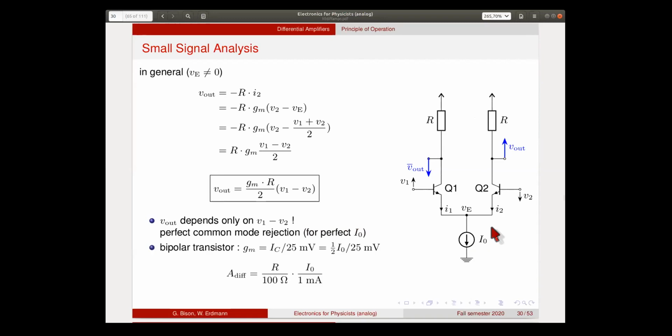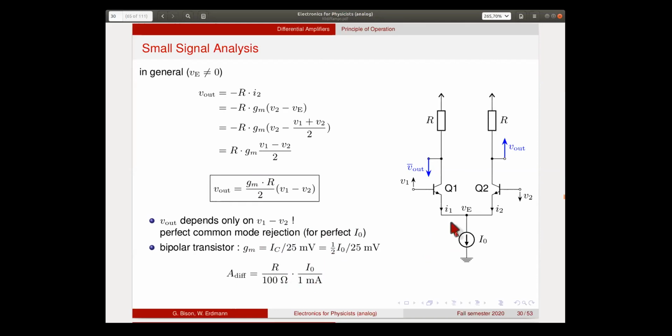Let's see what we can get here for a bipolar transistor. GM, as you know, is the collector current divided by the thermal voltage, 25 millivolts. And the collector current of each one at the working point is 1/2 the current of the current source. So you can write that the differential gain, this expression here, is roughly R divided by 100 ohm times I0 divided by 1 milliamp.